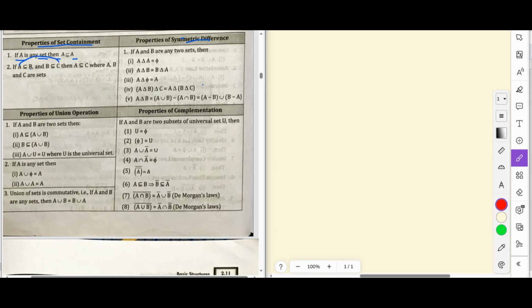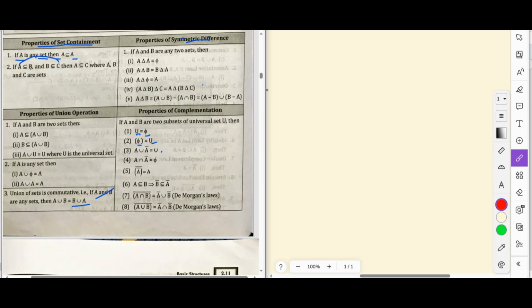Union of sets is commutative: A union B will be equal to B union A. Then properties of complementation: the universal set and the null set are complements of each other. Then A union A dash will be U, A intersection A bar will be the null set, A bar of whole bar will be A, and if A is a subset of or equal to B, then B bar is a subset of or equal to A bar.